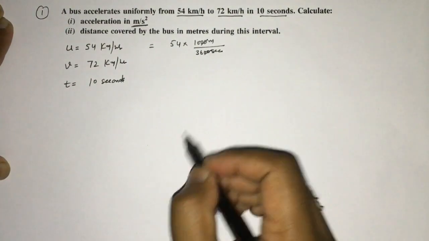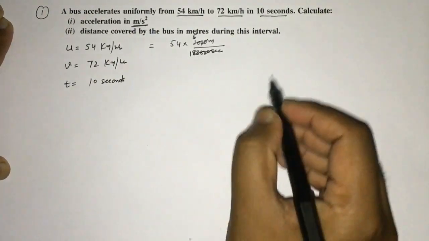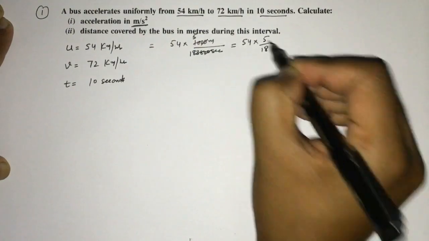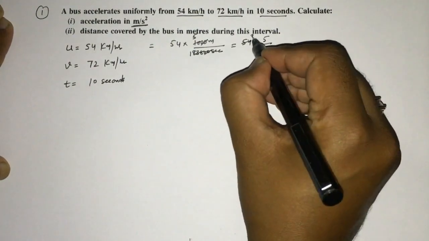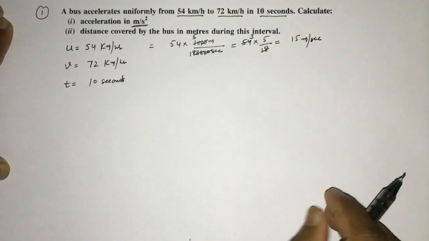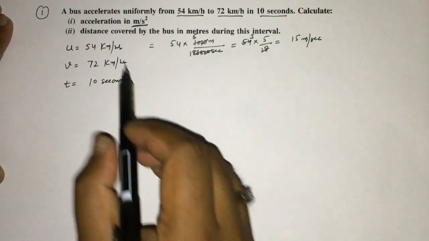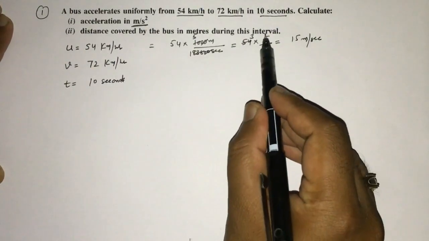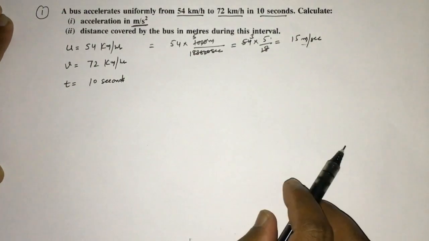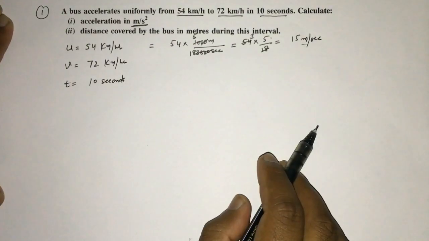So cancelling, we have 5 upon 18, which is 54 into 5 upon 18, equal to 15 meter per second. Means if we multiply the term in kilometer per hour by 5 by 18, it will give you the answer in meter per second. So the initial velocity is 15 meter per second.